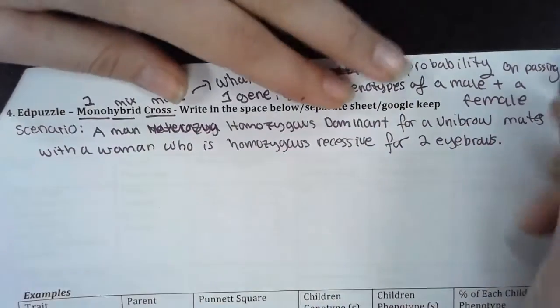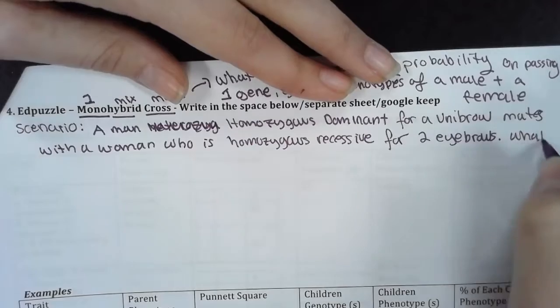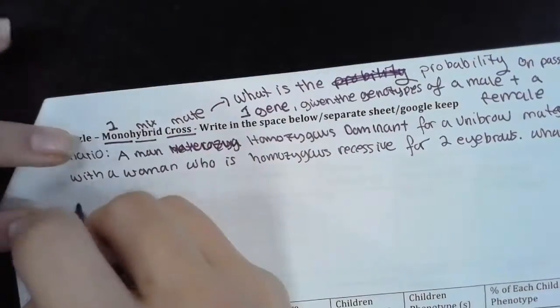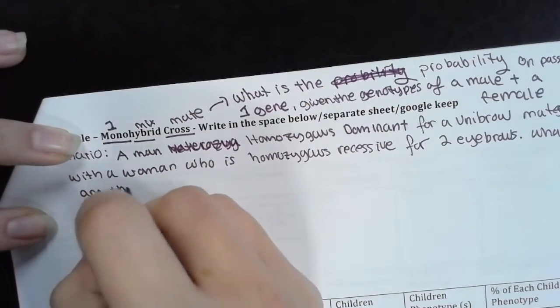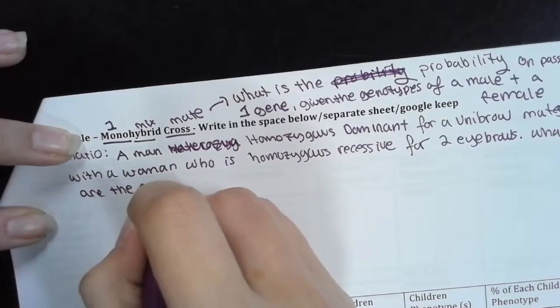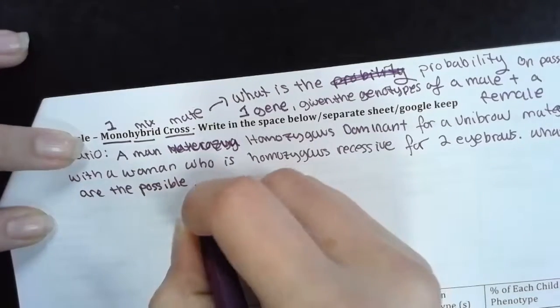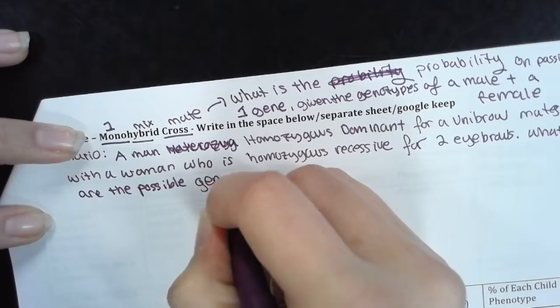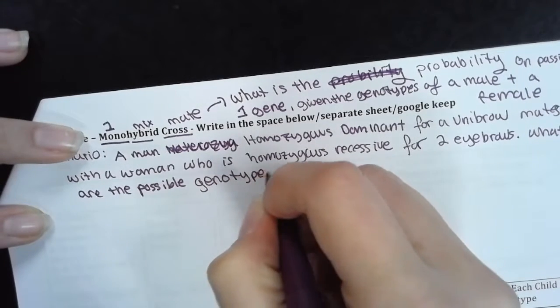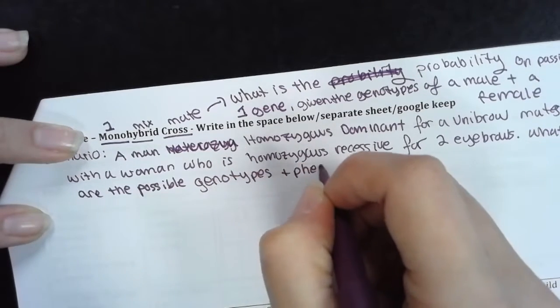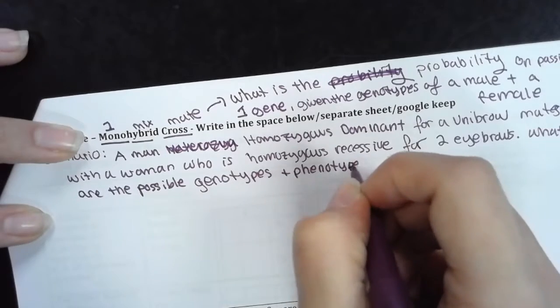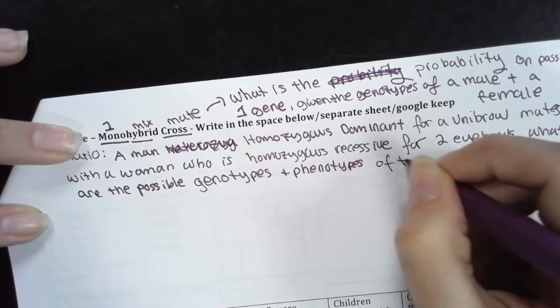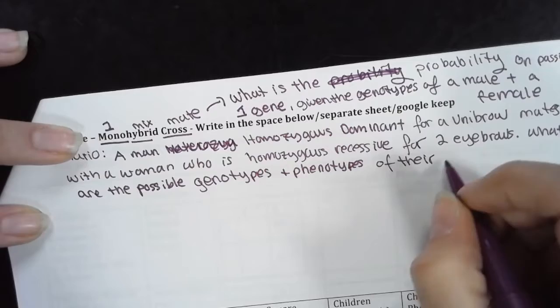Okay, so my question would be, what are the possible genotypes and phenotypes of their children? Well, let's go with child.